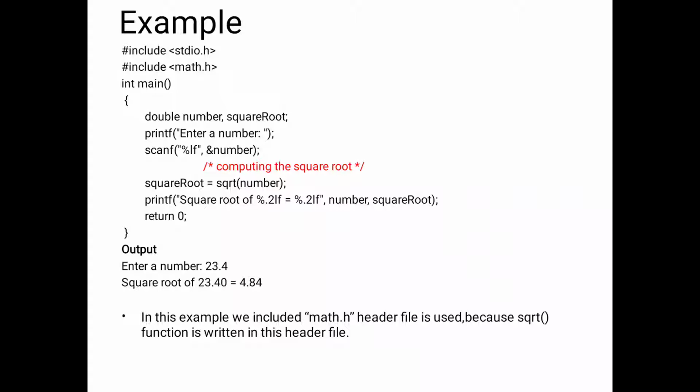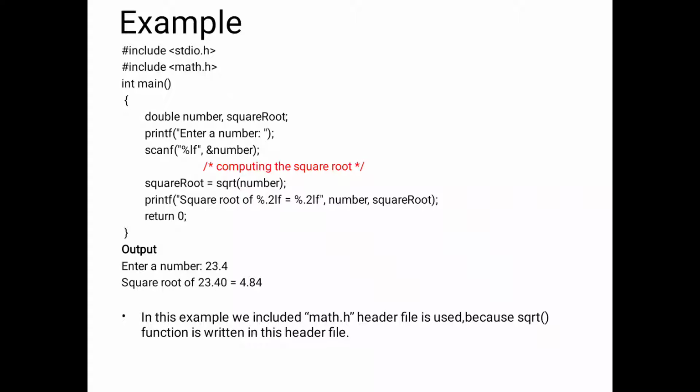So we use the math.h header file. And in every program we are using printf, scanf, the standard input output functions, which come from that header file. In this program we have to find the square root of a given number.